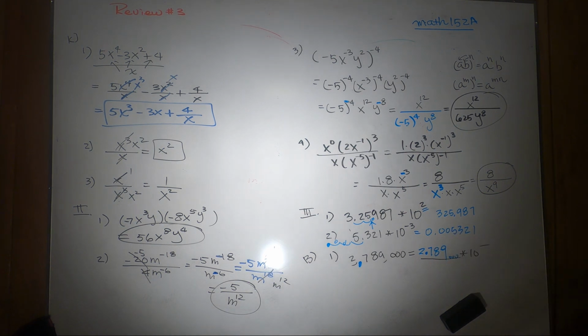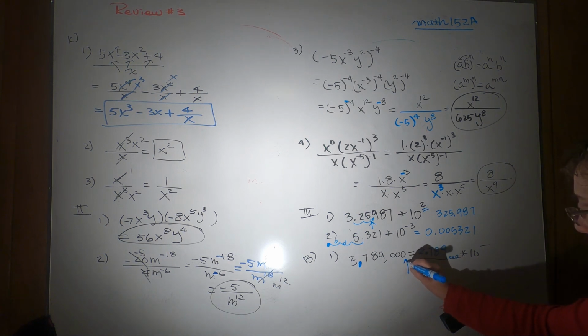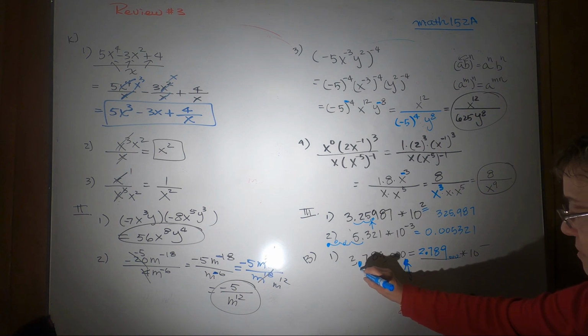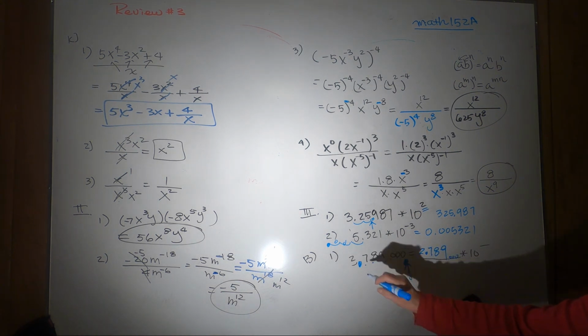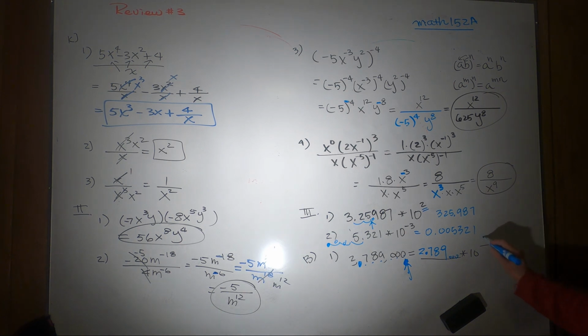Then how many positions you moved for your decimal point, right? It was here, right? So you move to here, right? How many places you moved? 1, 2, 3, 4, 5, 6. So you have to decide you use 6 or -6, right?